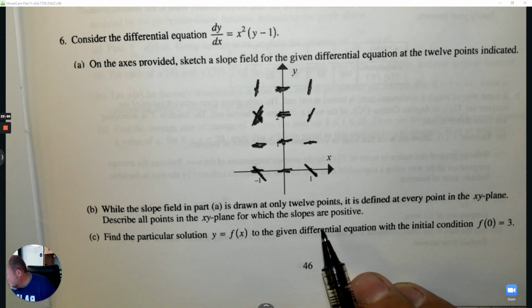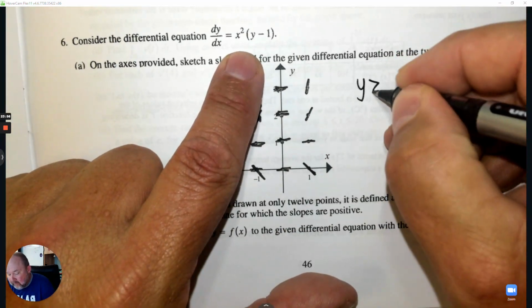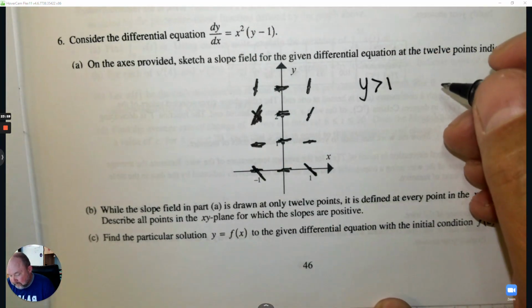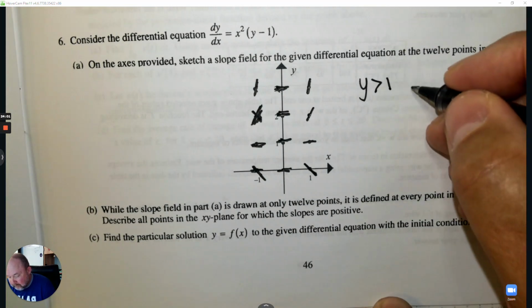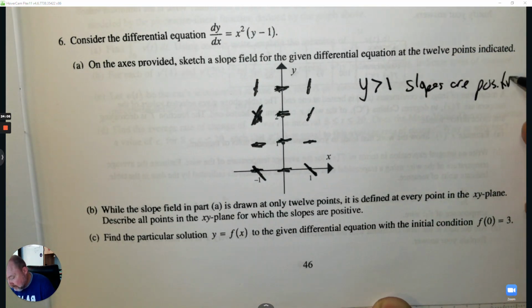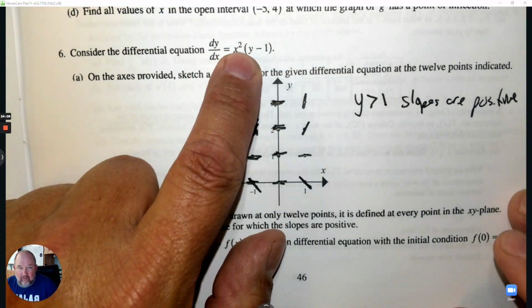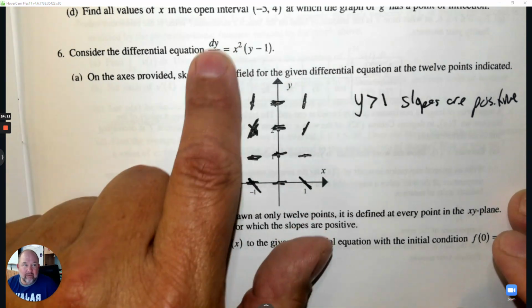So where are they all positive? When y is greater than 1, the slopes are positive. So x is always positive. When y is bigger than 1, that means everything is positive.